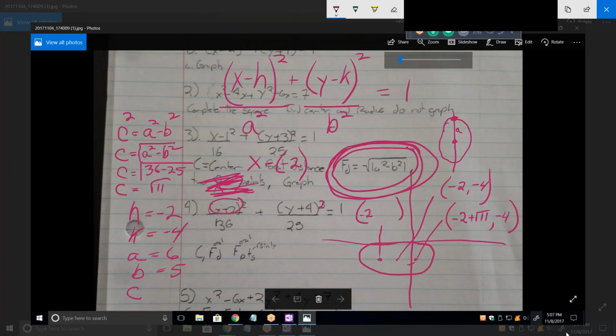So it's negative 2 minus square root of 11 because it's going in the other direction, right? In other words, if that's negative 2 there, then that's to the left of negative 2. So that's the x-coordinate, and the y-coordinate is still minus 4.